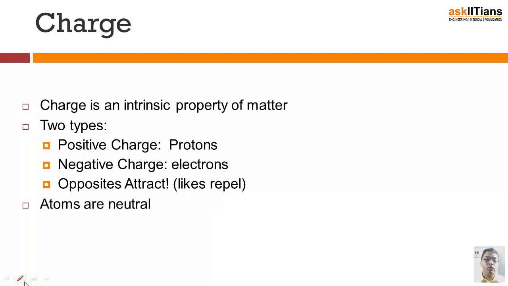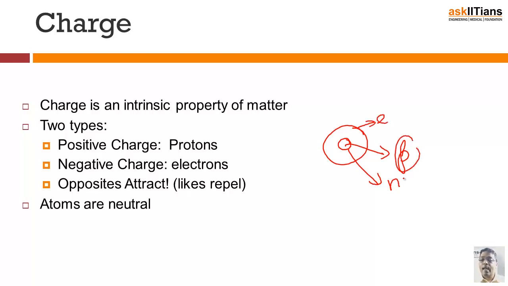If we talk about an explanation of why or how this takes place: as we know, in an atom, you will have a nucleus. The nucleus would have protons and neutrons, and the electrons are outside it. Now, the protons and the neutrons occupy a very small region of space, right?